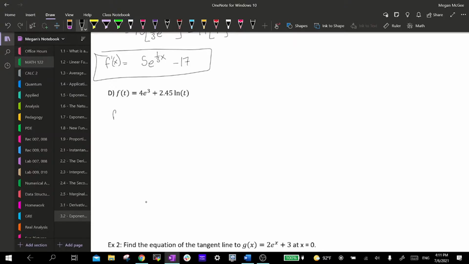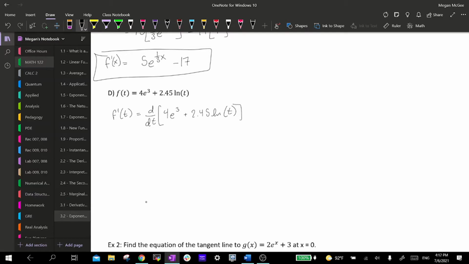Alright, so we need f prime of t, and that's going to be the derivative with respect to t, so d over dt, of everything on the right-hand side. So we have 4 e cubed plus 2.45 natural log of t.